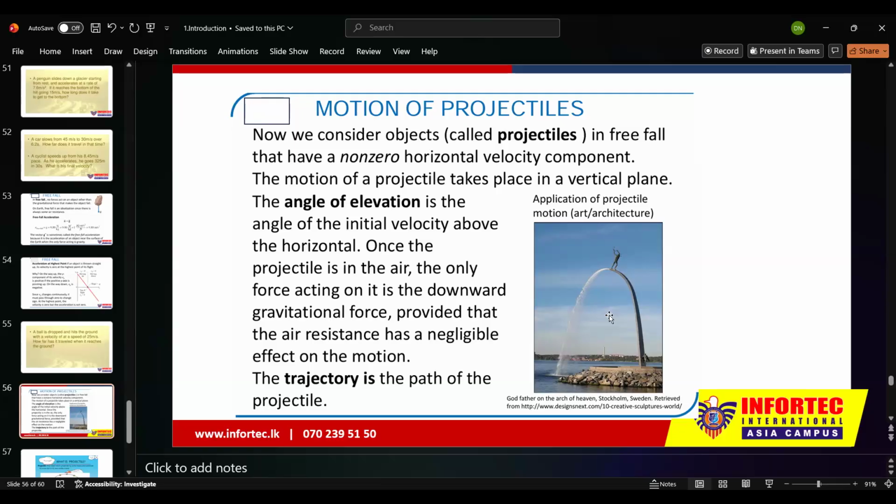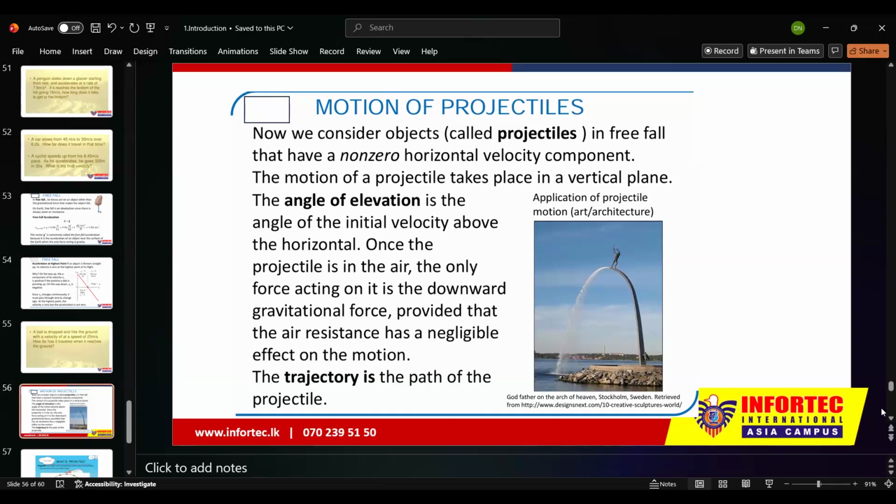But in the horizontal velocity component, there is no acceleration. We ignore air resistance here, so there is no acceleration along the horizontal direction. So the horizontal velocity component is constant throughout the motion, right? It is the important thing in projectile motion.